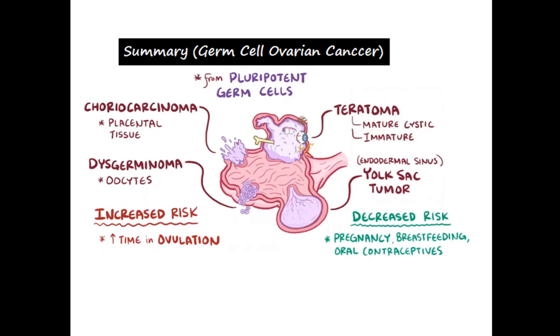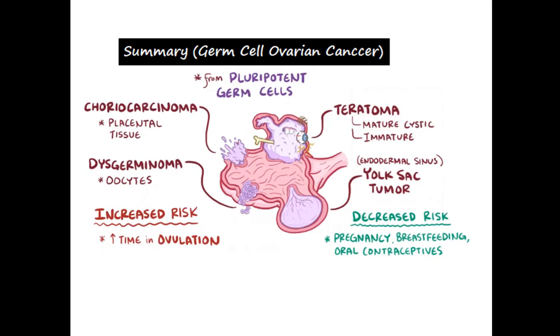If she is using oral contraceptives, that also inhibits ovulation. So by collecting all these things, the total ovulations in this female are less as compared to the one with increased time in ovulation. In the female with more ovulations, the risk is increased, and in the one with fewer ovulations, mostly due to pregnancy, breastfeeding, and oral contraceptives, the risk is decreased.